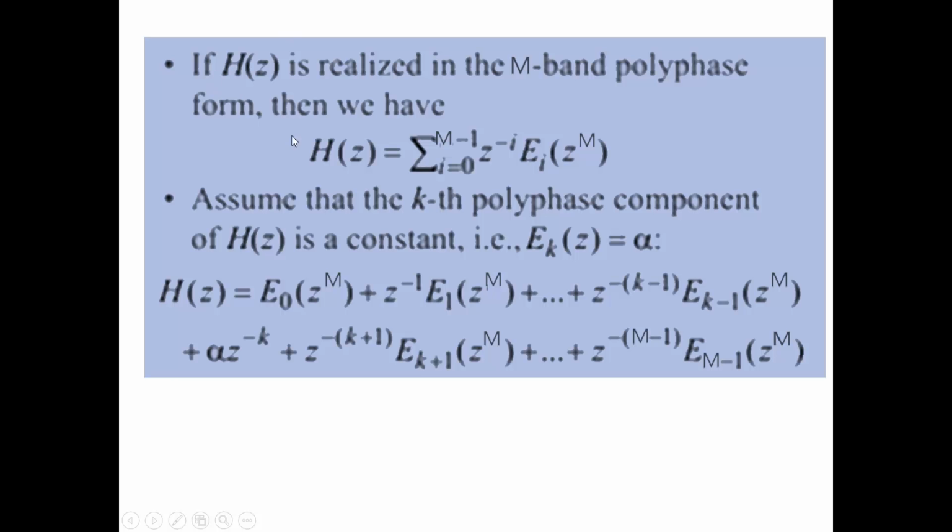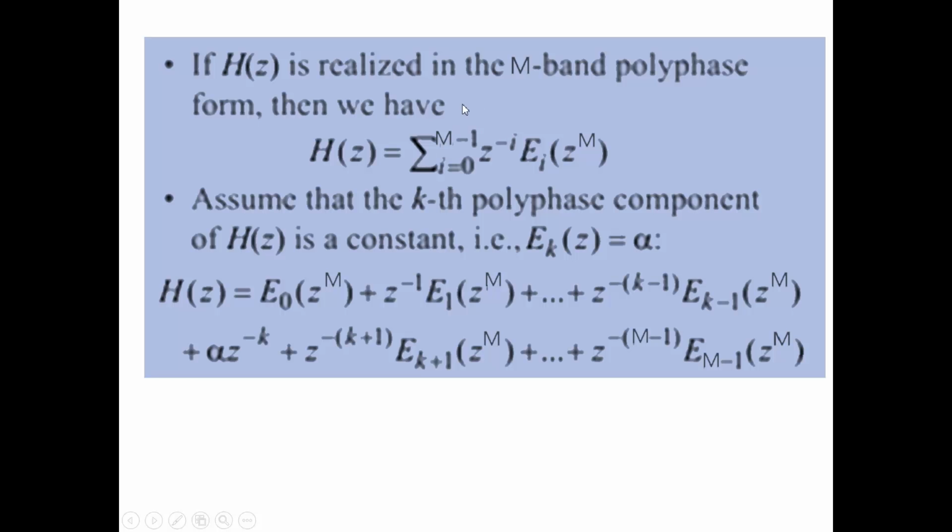So H(z) is now represented in its capital M polyphase components, where H(z) can be obtained by the sum over I equal to 0 to capital M minus 1. That's the index which will give us the different polyphase components. z to the power minus I represents the delay chain in the polyphase components, E_I(z^M). So that's how we represent the direct implementation of H(z) into its polyphase components.